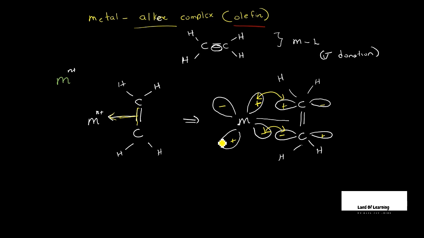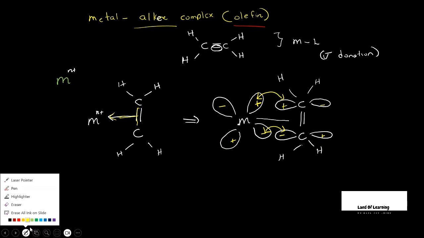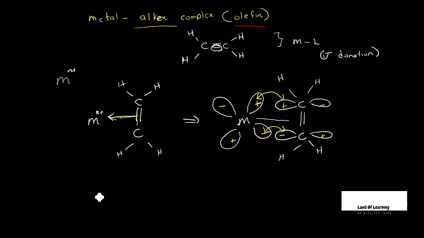So when the back bonding happens, there are some changes in our orientation. Here we have our metal center and it is directly connected to our alkene. This is when there is no back bonding. Now look at this when the back bonding is happening. Let me take the red color. Now back bonding is happening.